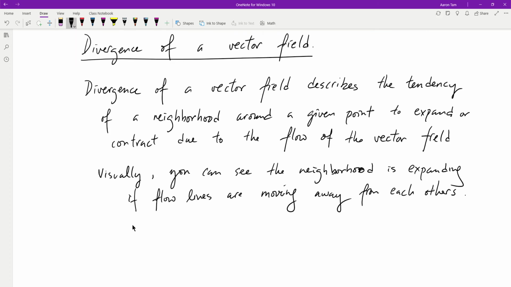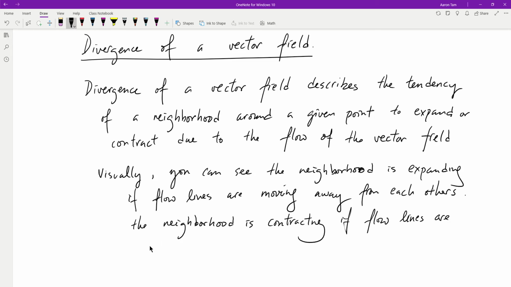And the neighborhood is contracting if flow lines are moving toward each other.